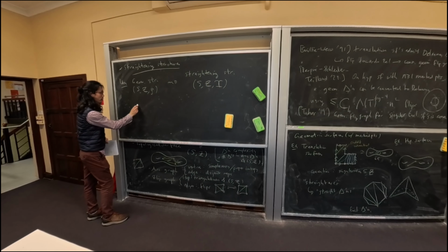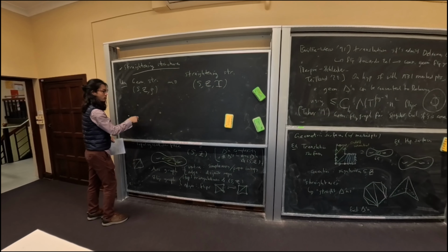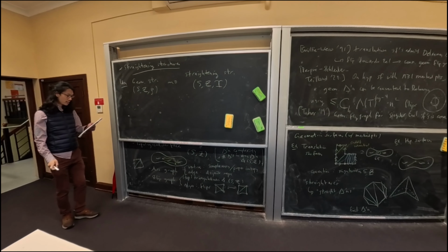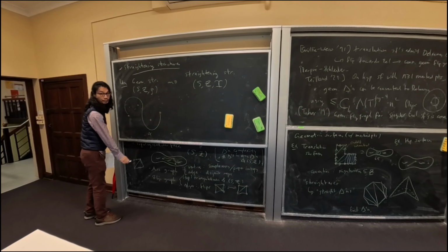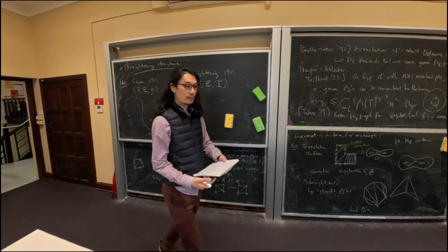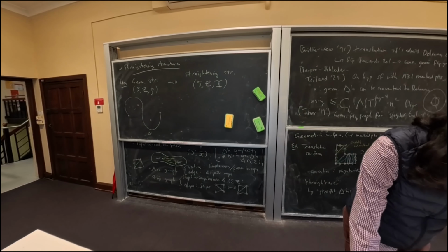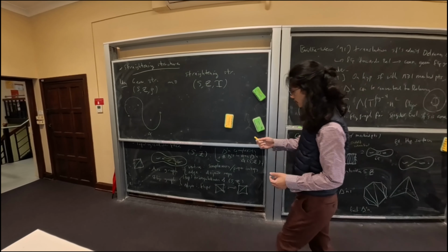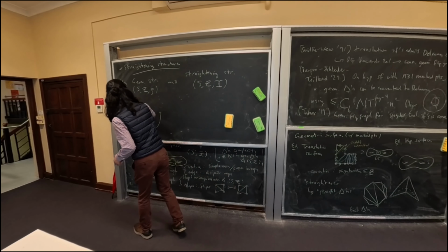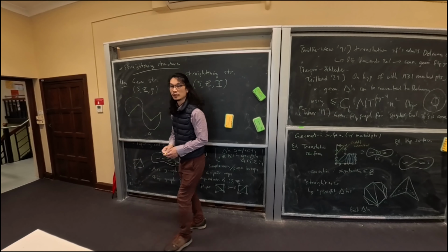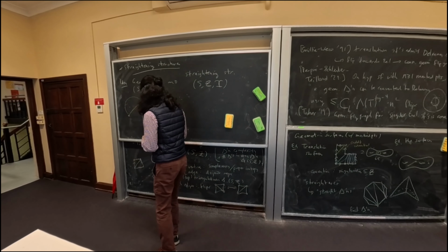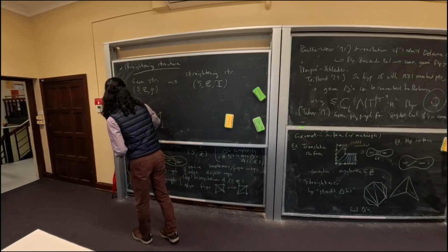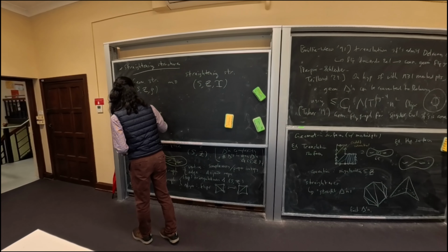Let's suppose on the surface or on the plane I have some points, and I consider a topological arc, alpha. If I tighten this to a geodesic representative, I might get something like this. Let's call this alpha, and it breaks up into 3 segments: alpha 1, alpha 2, alpha 3.